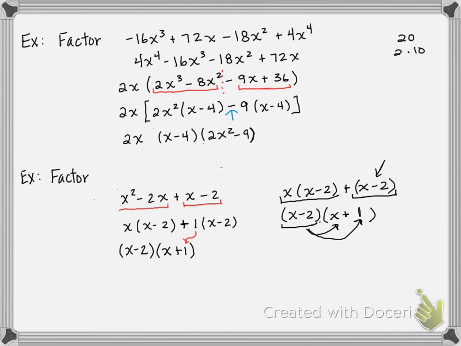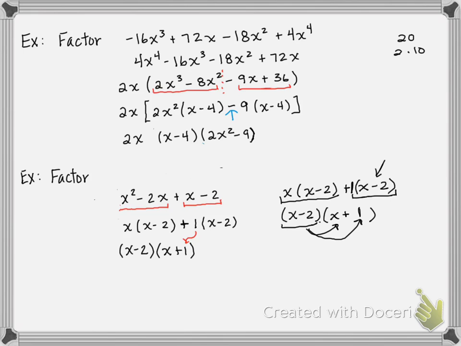Just to see that more obviously, when we can't factor anything else out, we often write that 1 just so we can visually see it. You don't have to write it, but you don't want to forget it either when you get to the next step.